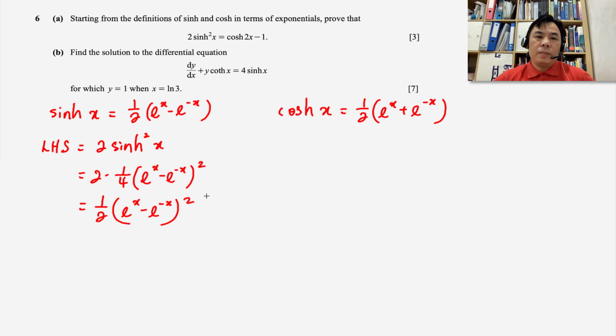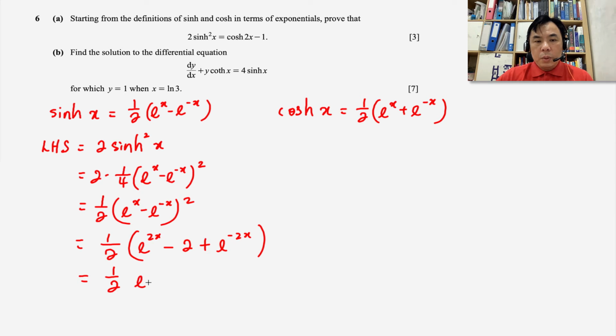And then next, from here, you can straight away prove it from here to this side. Take for instance, we can expand this. If you expand that, that will be e2x, and then minus a 2, plus e negative 2x here. And then by a bit of rearrangement, that will be e2x plus e negative 2x minus a 1.